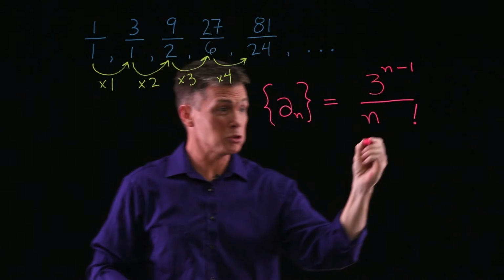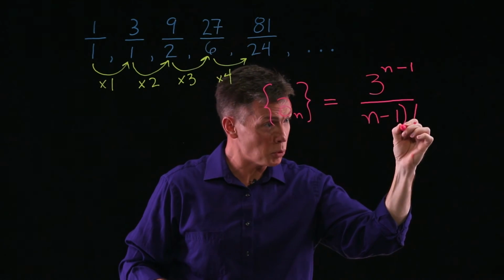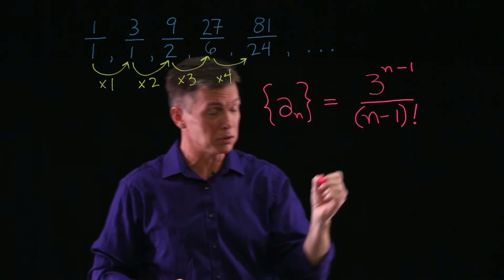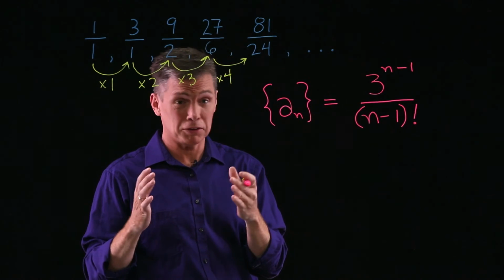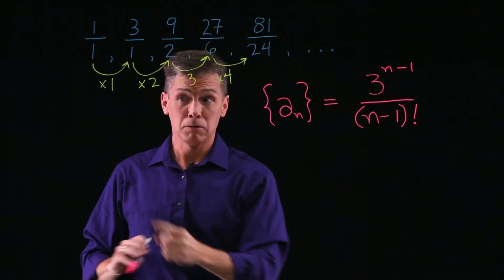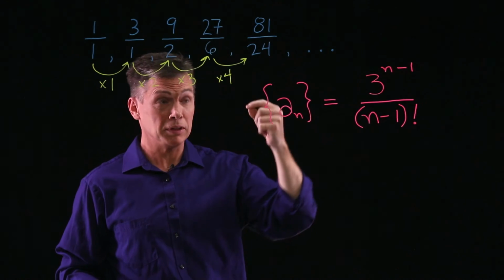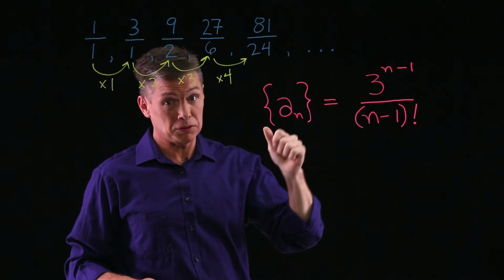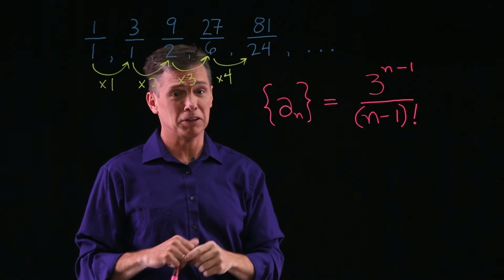So I have to do that same trick of n minus 1 before you do the factorial for this one. Okay? And again, I can't say this enough. Check yourself. If you check this denominator for n equals 1, n equals 2, n equals 3, n equals 4, n equals 5, it works for each of these. So I feel very good about my answer, but only because I checked it a lot.